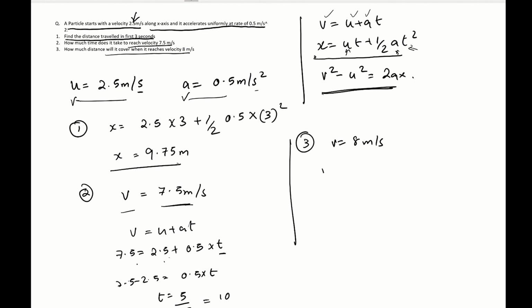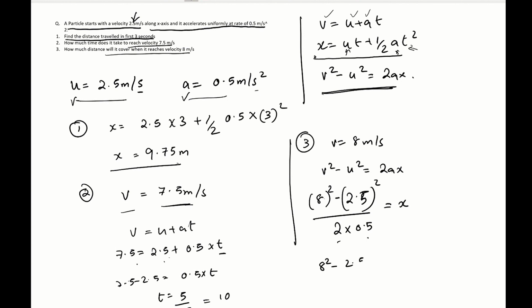So you have v square minus u square equal to 2ax. We need to find the distance. So 8 square minus the initial velocity 2.5 square, divided by 2 times 0.5, is equal to x. 2 times 0.5 is 1, right? So 8 square minus 2.5 square divided by 1 is equal to x.